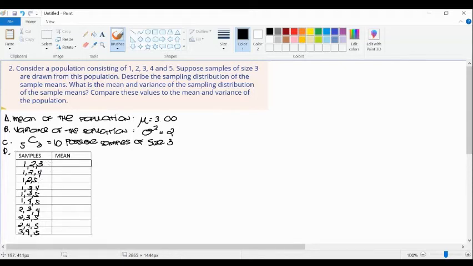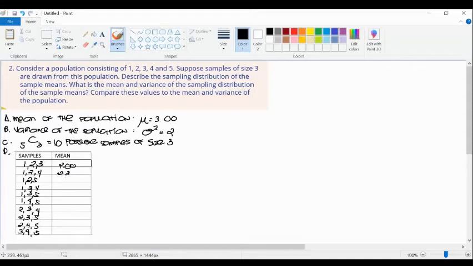And then we're going to compute for the mean. Remember, that is the summation of your samples over the total number of items. So for this one, 1 plus 2, that is 3, plus 3, that is 6, divided by 3, it will give us an answer of 2.00. So we're going to do that for the rest of the sample means.